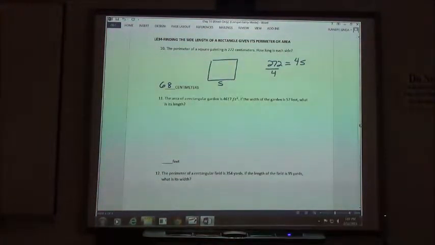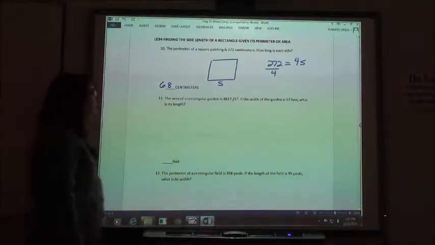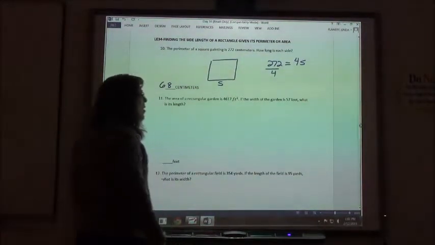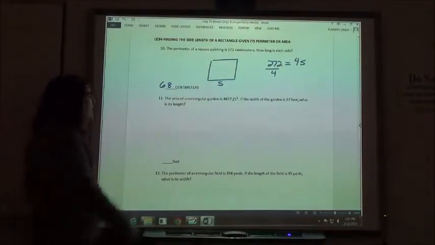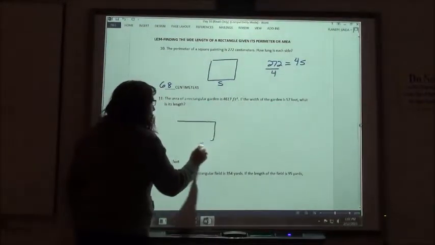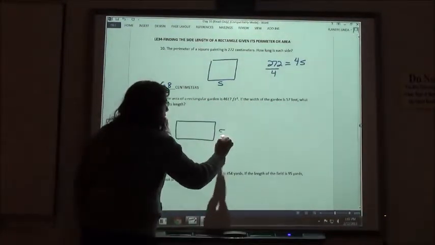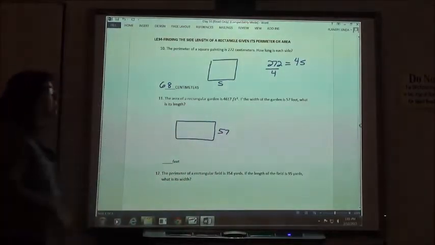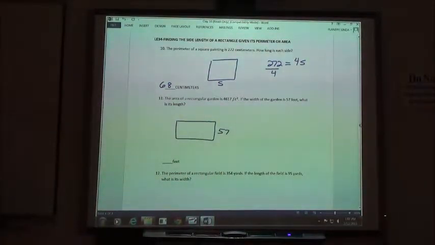The area of my rectangular garden is 4,617 feet square. The width of my garden is 57 feet. What is its length? So I have to think about my rectangle. How did I find the area of that rectangle? Length times width.